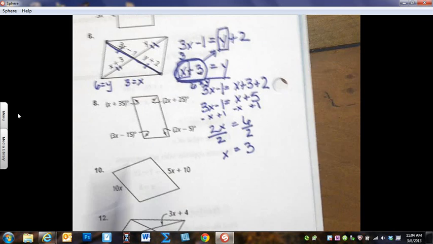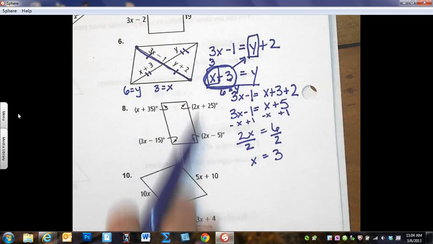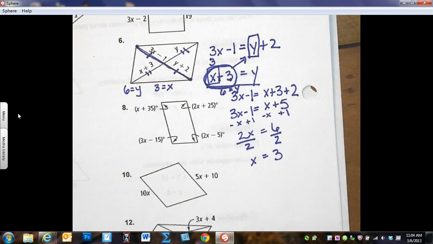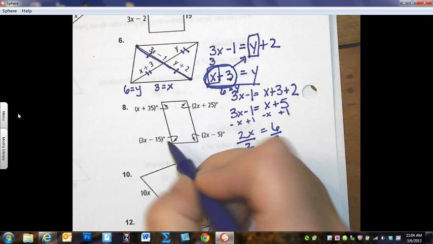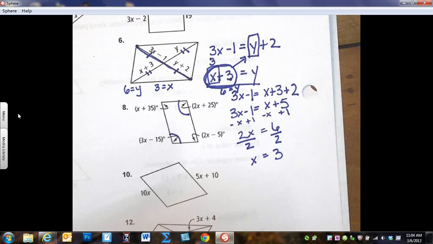In number 8, we know all 4 angles with x variables. There are a couple of different ways you could do this problem. You might think automatically, oh, it's a quadrilateral. I know all of those angles add up to 360 degrees. Or maybe you know that opposite angles are congruent. So you pick a pair of opposite angles and you make them congruent to each other.